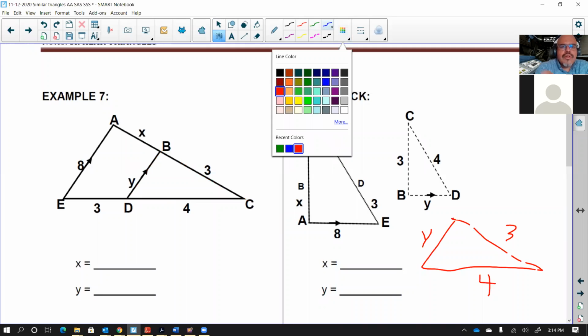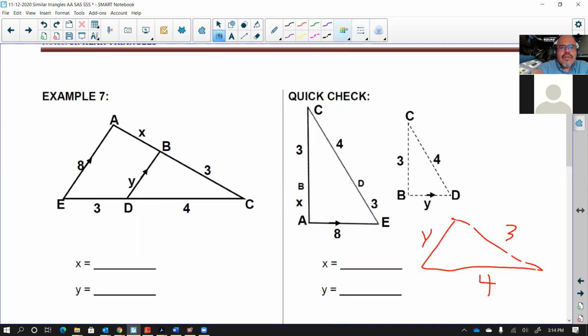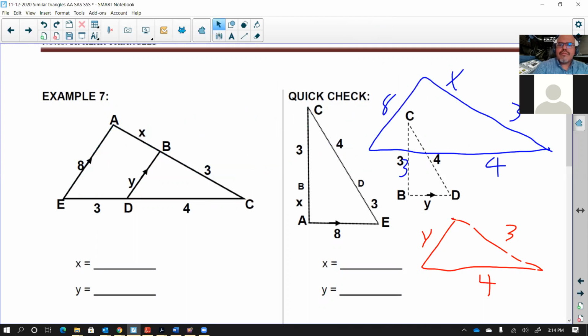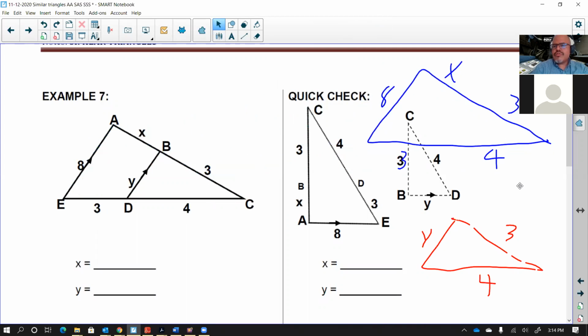Then on the other one, I'm going to copy this triangle and write down everything. So we have 4, 3, X, 3, and 8. Let me bring that over. Yeah, we can. So we have these two triangles.